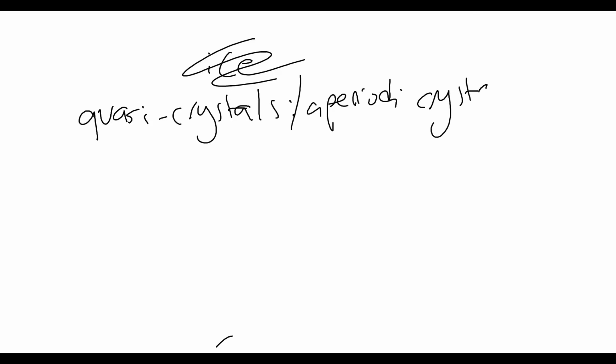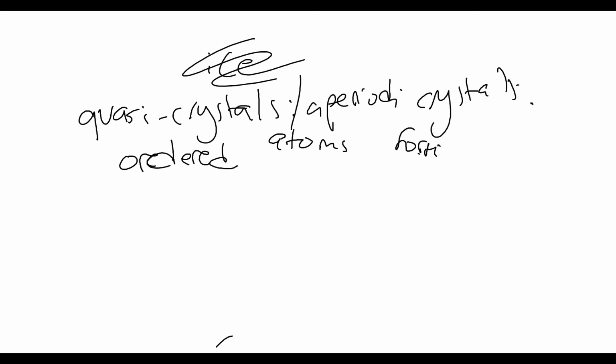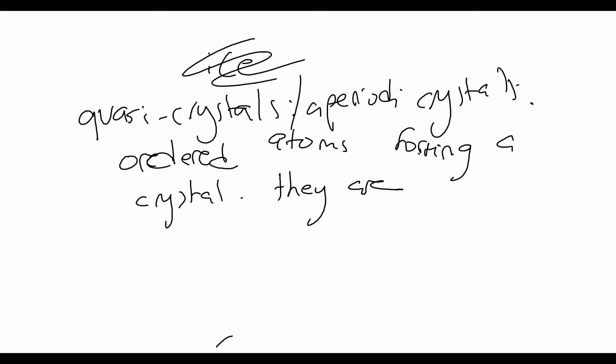They have the same definition as crystals: ordered or organized atoms forming a crystal. The only difference is that they are not repeated. In diamond we have so many carbon atoms repeated. Here, they don't have repeated atoms, and they are not periodic.